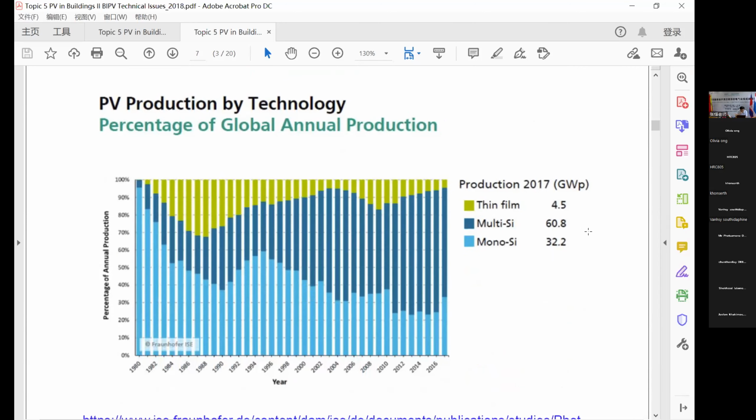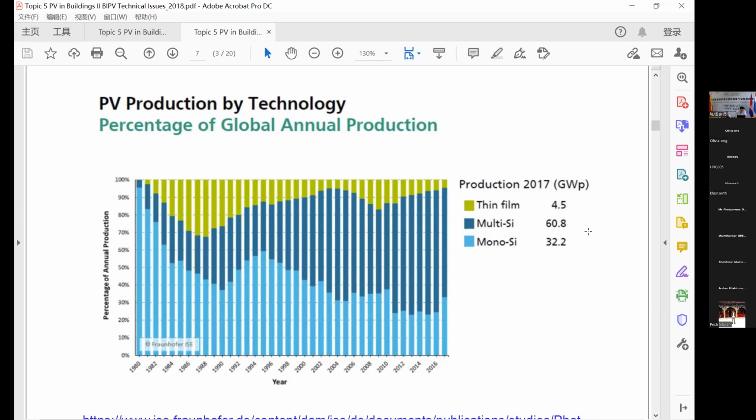Here we look at the PV production by technology, different technologies from 1980 to 2016. Here we see that at the beginning, almost greater than 90% of the PV production was fabricated from monosilicon.